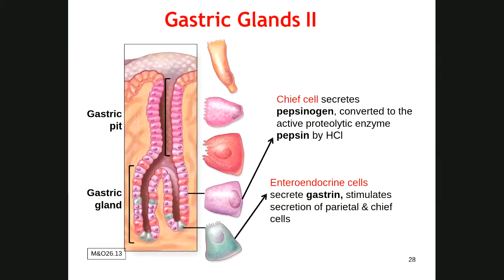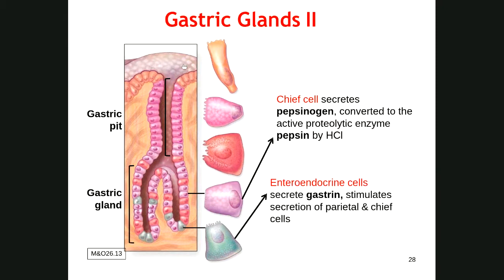So chief cells secrete pepsinogen, as I told you. This pepsinogen will be activated. What is the pit? The gastric pit is canal-shaped. A pit is like a groove, like a canal, which goes through the mucosa. So these cells are not outside in the mucosa in direct contact with the secretion in the stomach.